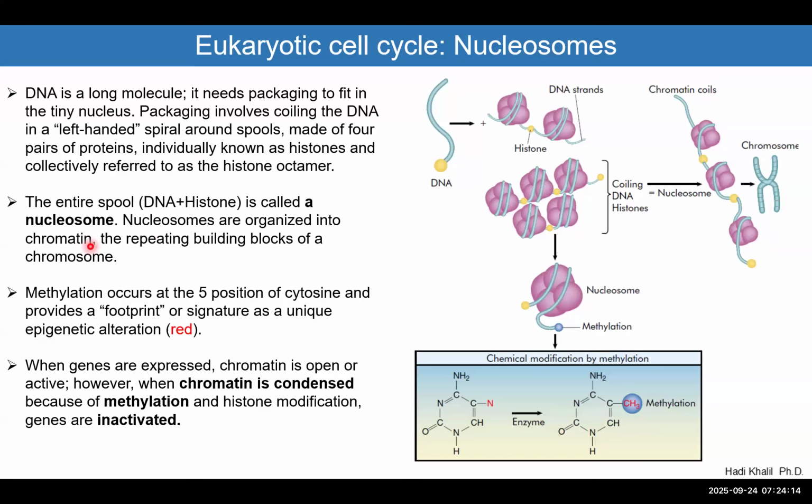Nucleosomes are organized into chromatin, and this chromatin, as repeating units, forms what we call the chromosomes. Now, methylation could take place at position 5 of the cytosine. It's presented for you here. And this is a footprint of what we call the epigenetic alteration.